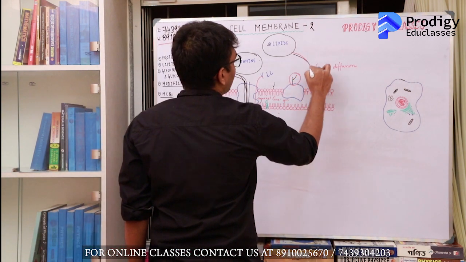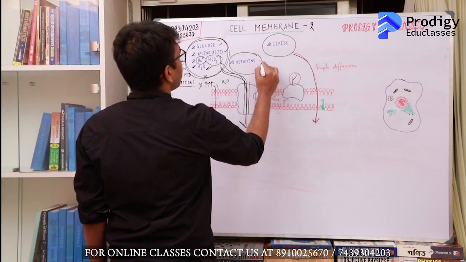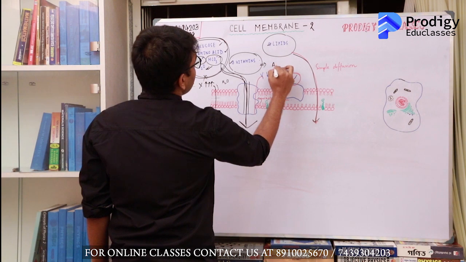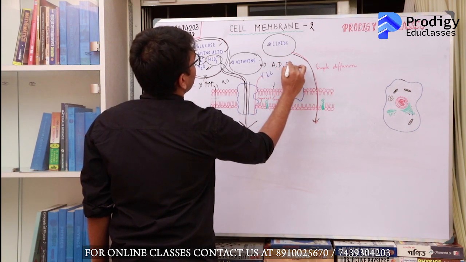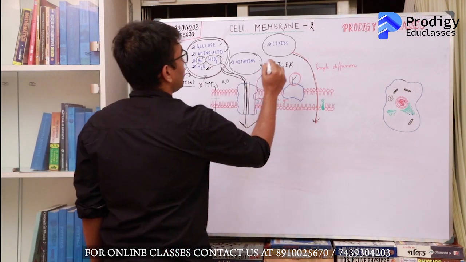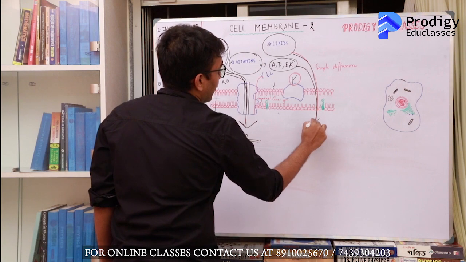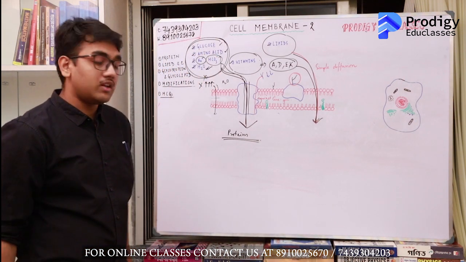Lipids will come on their own through simple diffusion. What about vitamins? If we look at vitamins, vitamin A, D, E and K are fat soluble vitamins. So fat soluble vitamins or lipid soluble vitamins will transfer like lipids across the cell membrane through simple diffusion.